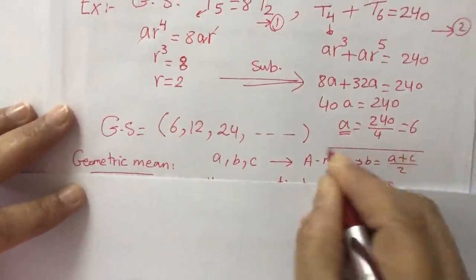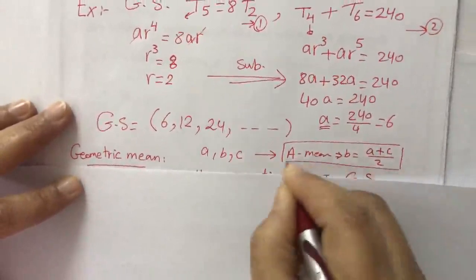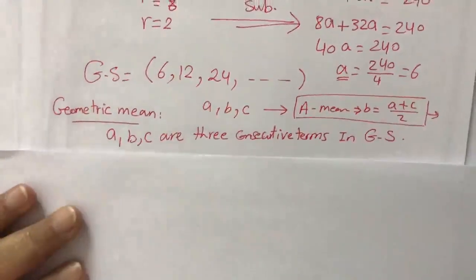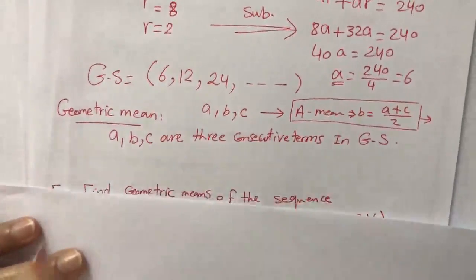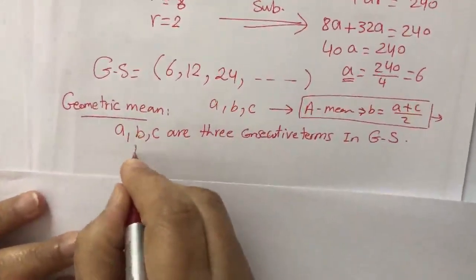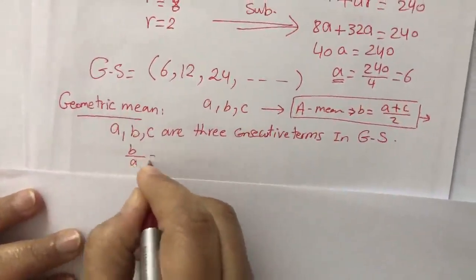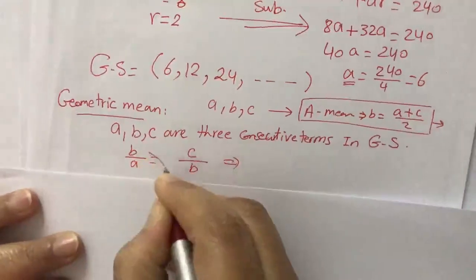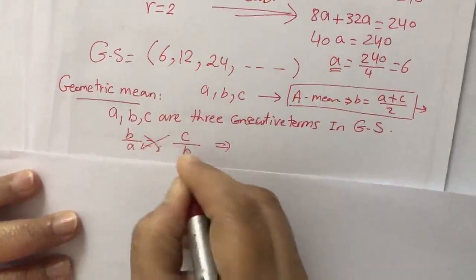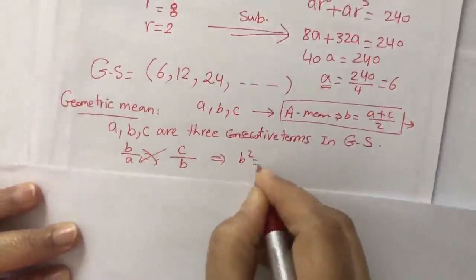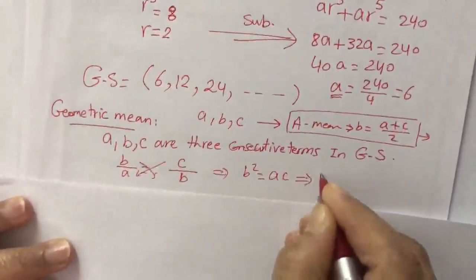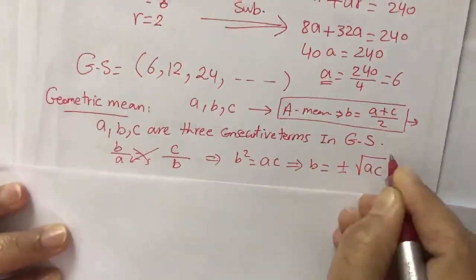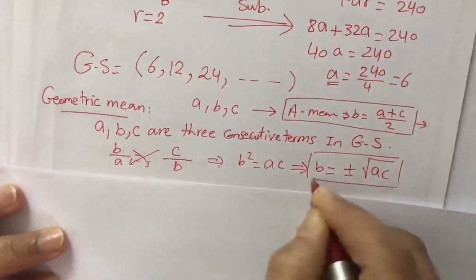This is the arithmetic mean, just to remember. But if I have 3 consecutive terms in a geometric sequence, then B over A equals C over B. From here, if I cross multiply, it will be B squared equals AC, so B equals positive or negative square root of AC. This is the geometric mean.